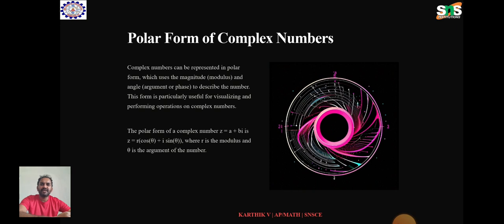The polar form of complex number z is given by z = r(cos theta + i sin theta), where r is the magnitude or modulus of the complex number, r = |z| = square root of a squared plus b squared. Theta is the argument or angle of the complex number.